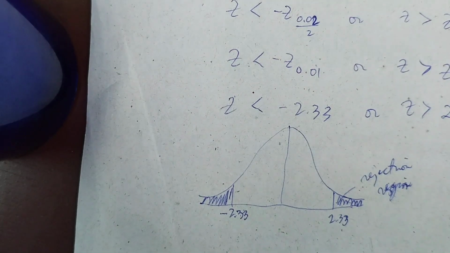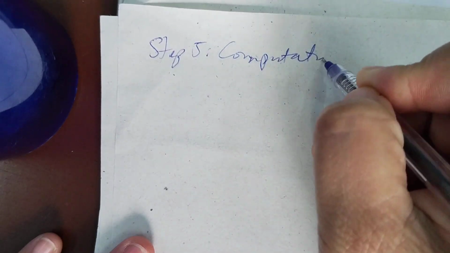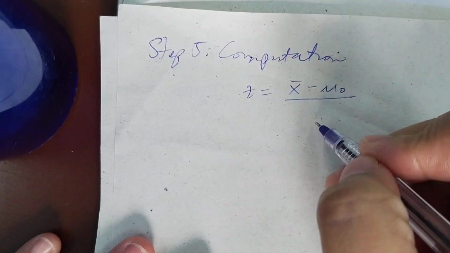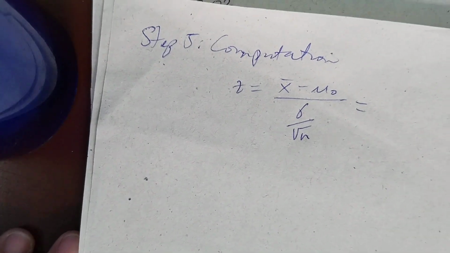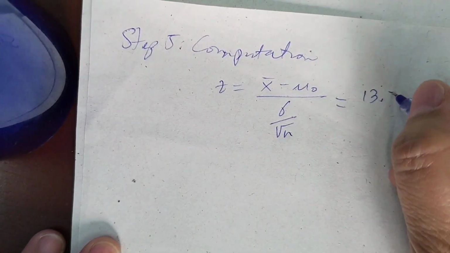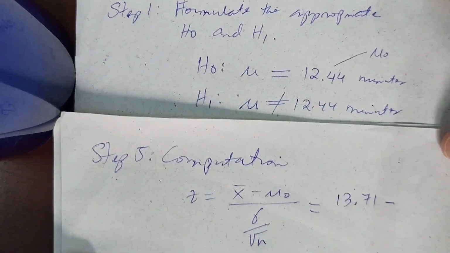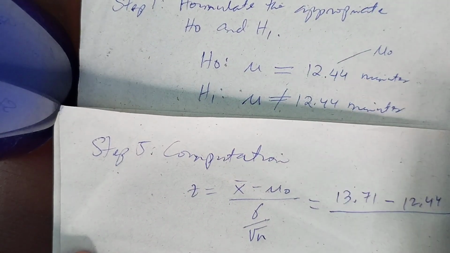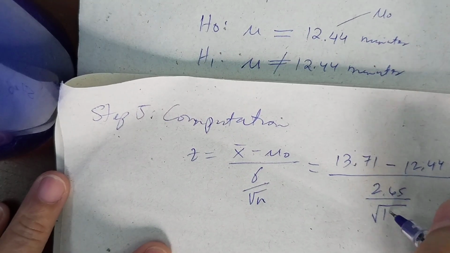Let's go to step 5. Step 5 is we are to compute your test statistics. What was our test statistics earlier? We have Z is equal to x bar minus mu sub 0 over sigma over the square root of n. What was the given x bar? Your x bar is 13.71, minus your hypothesized value in H0, which is 12.44, over your sigma. Your given sigma is 2.65 over the square root of n. Your n is 150.